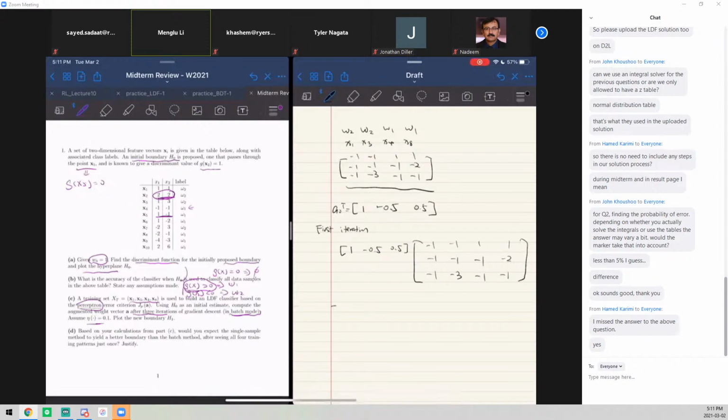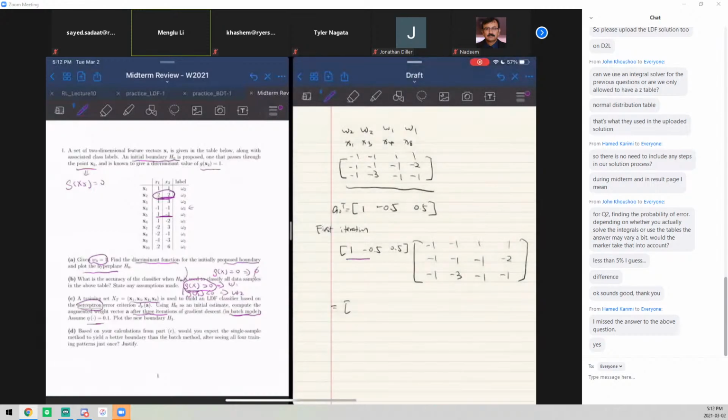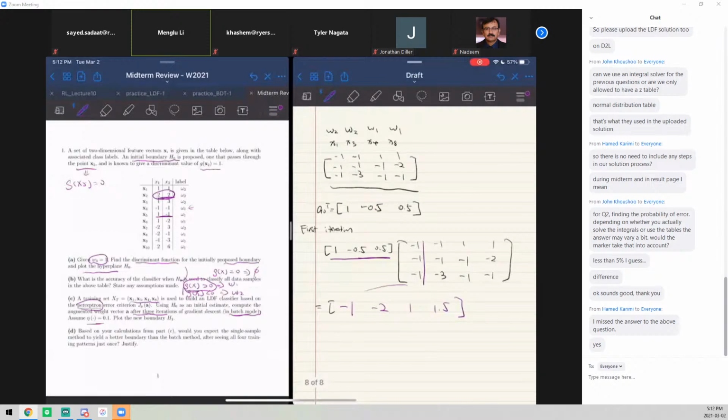This calculation is simple, right? Applying this vector, I get -1, -2, 1, 1.5, so four values.